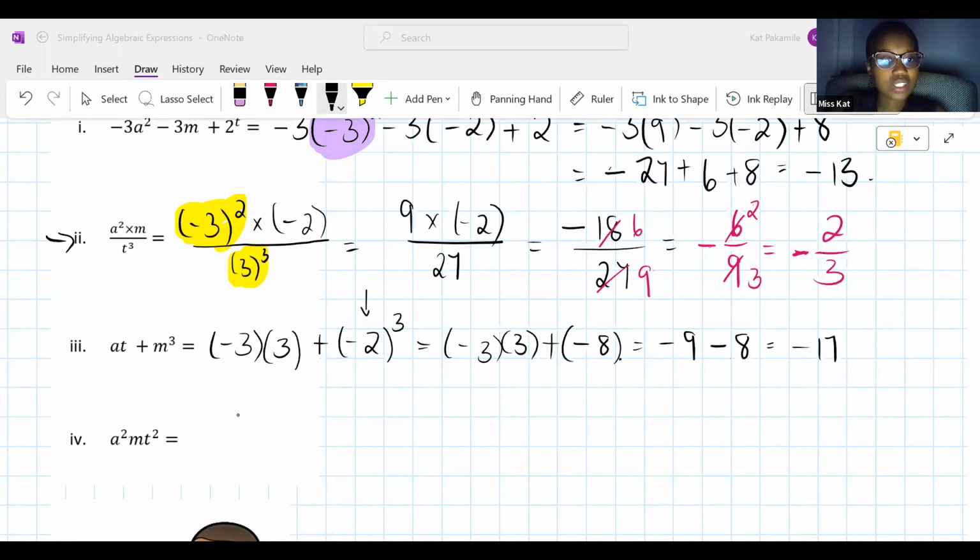Let's do it. So in the place of A, we're going to say open bracket -3, close bracket, and then open bracket again, -2, close bracket, 3 to the power 2. Okay, there we go.